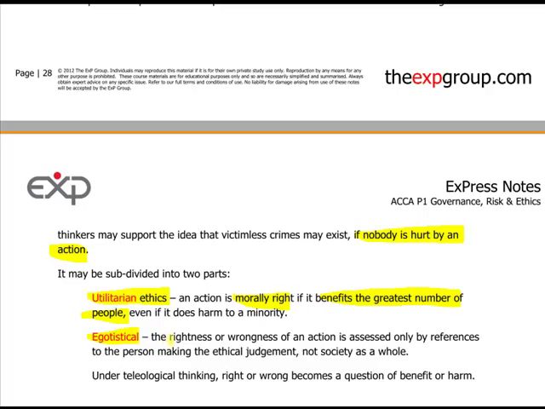Egotistical, the rightness or wrongness of an action is assessed only by reference to the person making the ethical judgment. So it's not society as a whole. So it's all about benefits and harm, majority or minority is the difference between those two. And this can only operate under a teleological way of thinking.